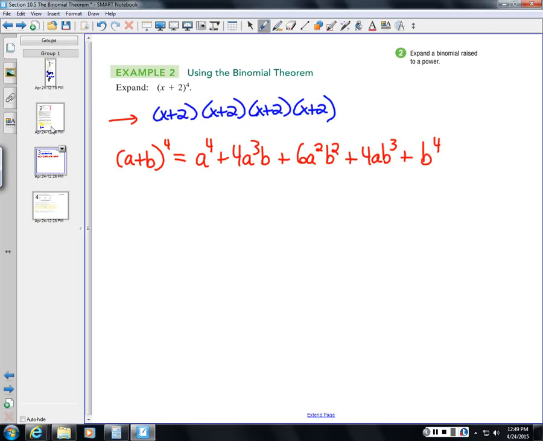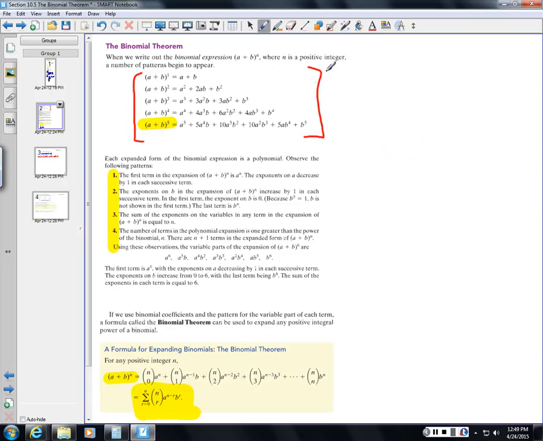That's coming straight from the formulas that we have over here, and it's okay to use those if you want to memorize those. So we have a plus b to the 4th, which is a to the 4th plus 4a cubed b plus 6a squared b squared plus 4ab cubed plus b to the 4th.